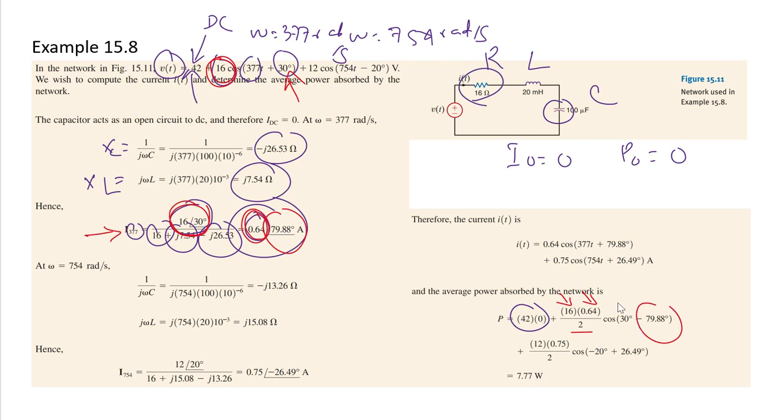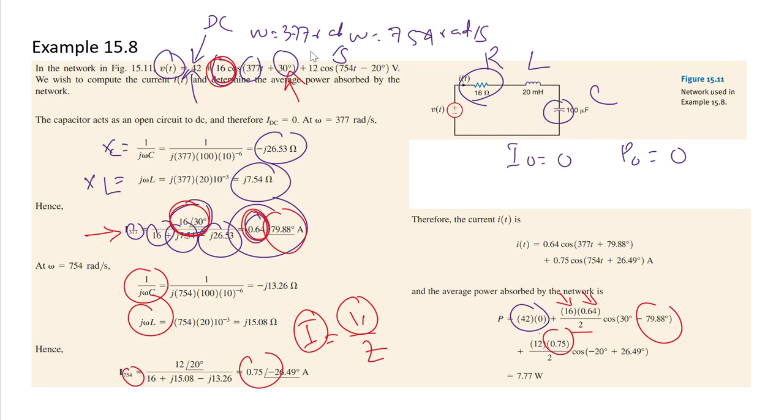After that, we are left with the 754 radians per second frequency. So for 754, we calculate XL and XC as well. So XL and XC are calculated, and after that V by Z is calculated as I, and this I is multiplied again with V and divided by 2. So I turns out to be 0.7 multiplied by the voltage at 754 frequency.